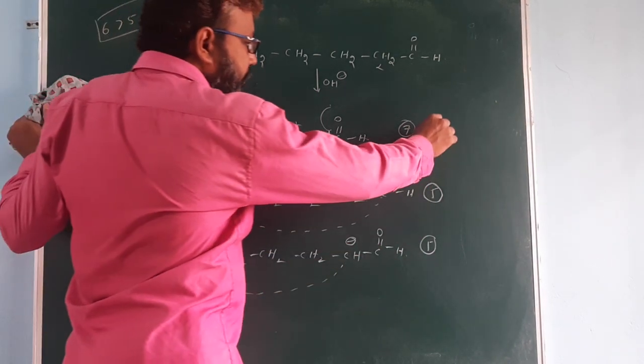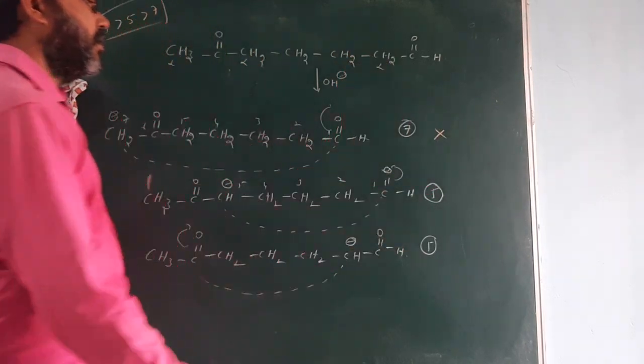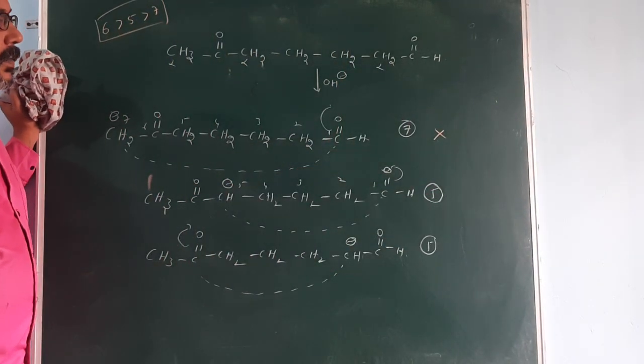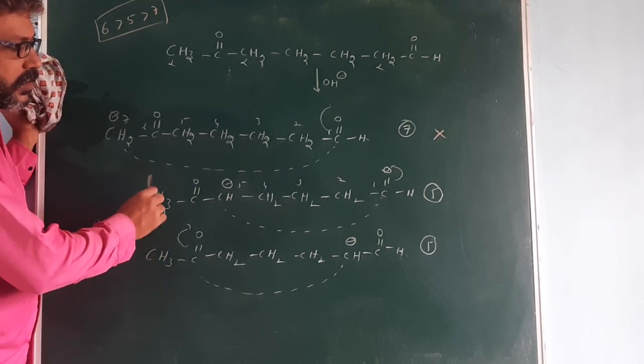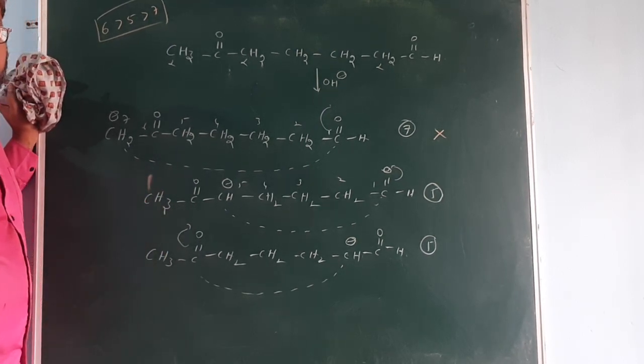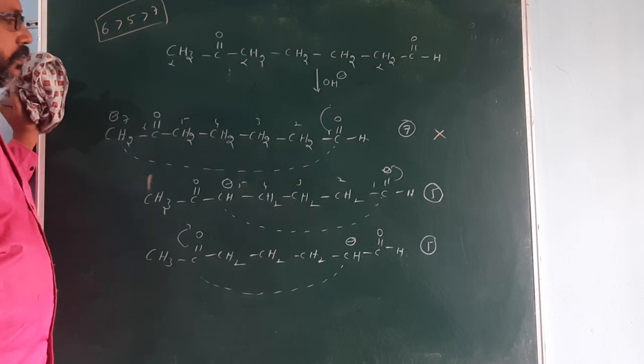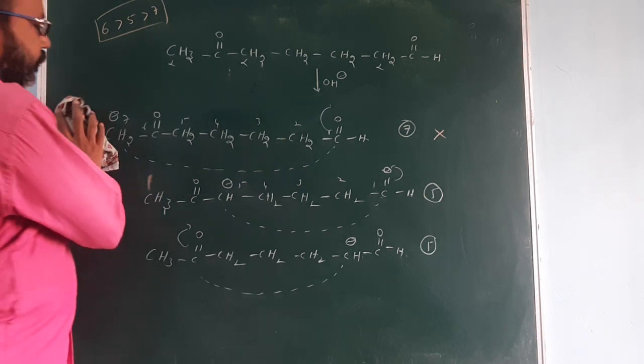So the first one is a minor product. Now the competition is between these two, both 5-membered rings. Which product is major?